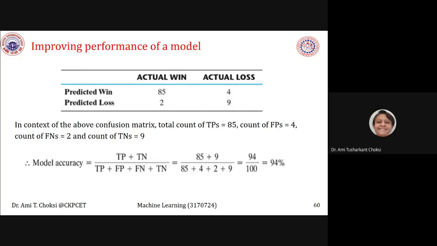So what are they? First is accuracy. Accuracy is TP plus TN upon all, that is TP plus FP plus FN plus TN. That is equal to 85 plus 9 divided by 85 plus 4 plus 2 plus 9. So that comes out to be 94%.